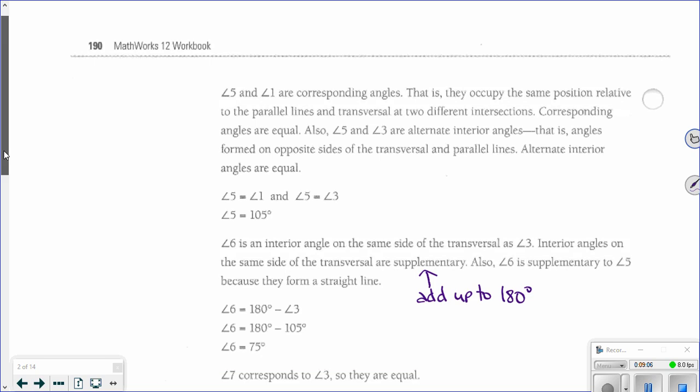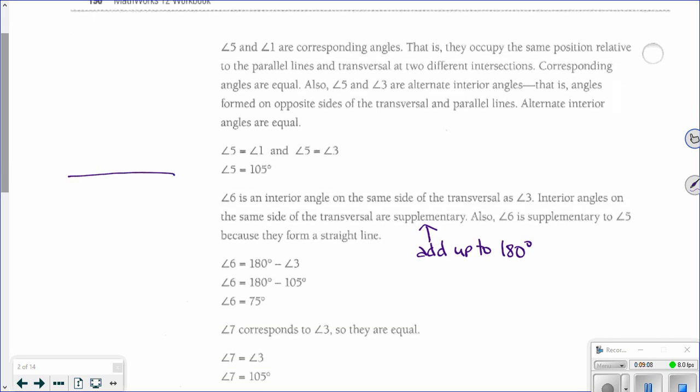So what this is saying is, if we have our two parallel lines and our transversal, angle 3 is right here, angle 6 is right there. 3 and 6 are both interior angles. Interior angles mean they're on the inside of the parallel lines. So interior angles are supplementary. That means they add up to 180 degrees.